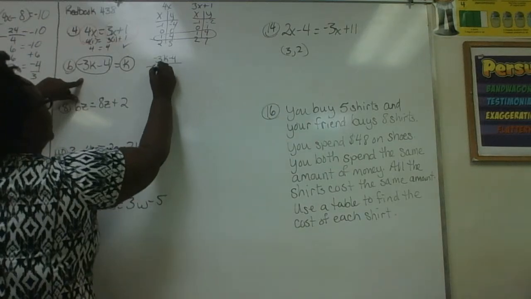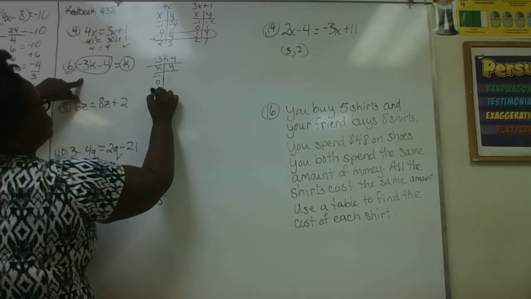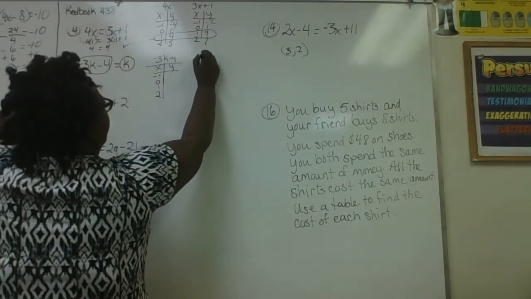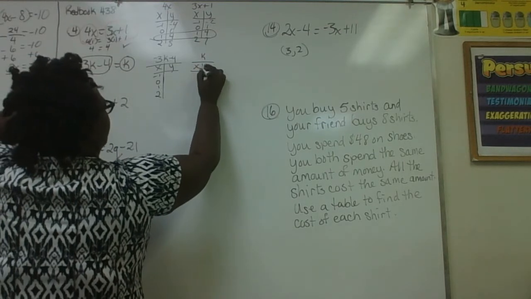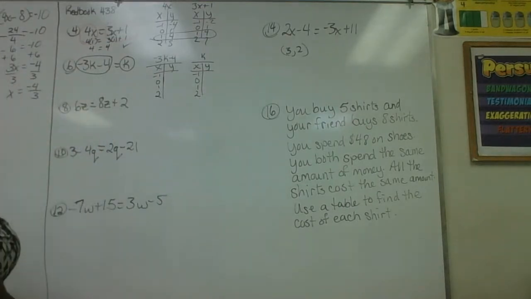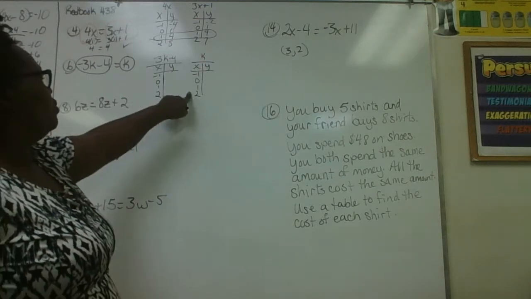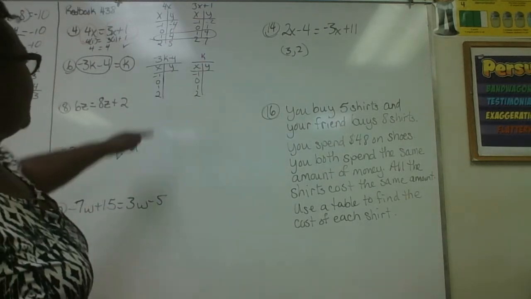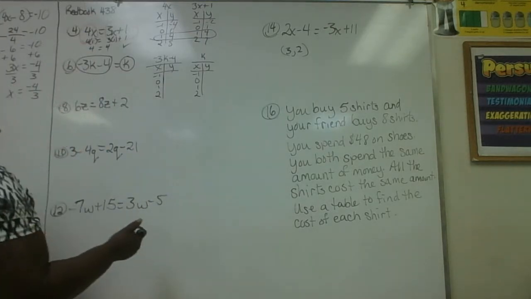And we have our x and our y, negative 1, 0, 1, 2, and then our k, x and y, where k is 1, 0, 1, and 2. In order to verify, we're going to need to complete this table to see which of these would match. So let's take a look.